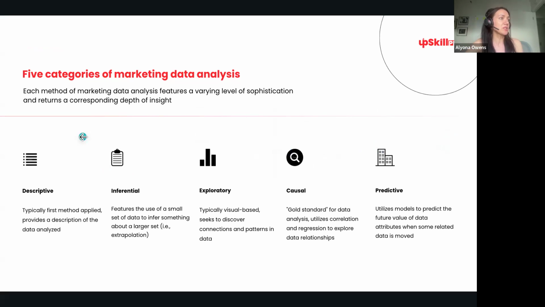But basically, there are categories of data analytics. Some are descriptive, which is kind of easy to understand. Inferential is basically you take a sample of something, and then the sample represents the entire picture.